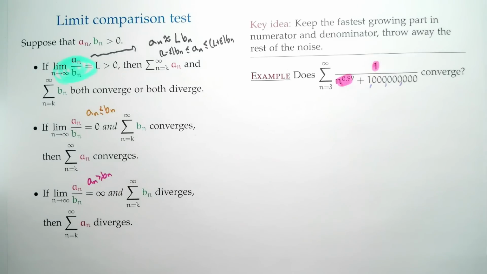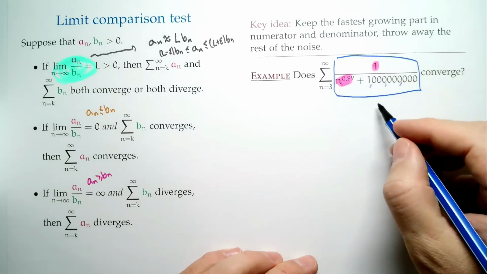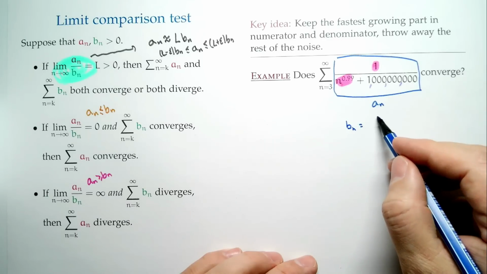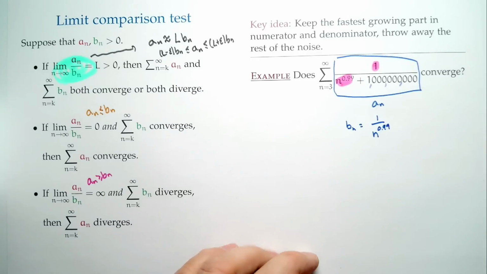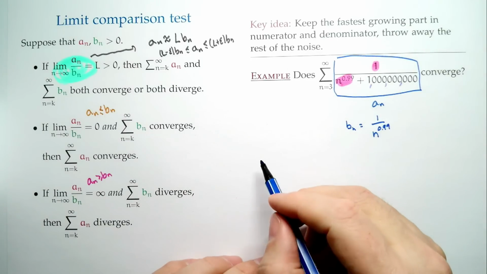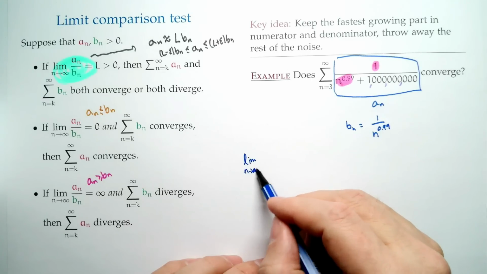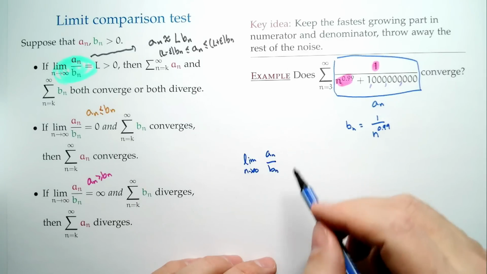So what we can do here is we'll do the following. We're going to think of this as our a sub n, our whole expression, and we're going to let b sub n be just the parts which have the growth of the upstairs and the downstairs. Now, first step, let's look at the limit as n goes to infinity of a sub n divided by b sub n.